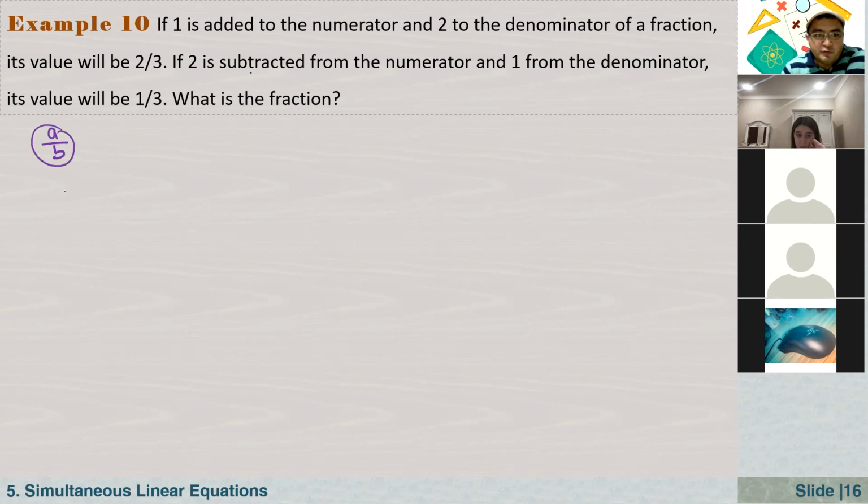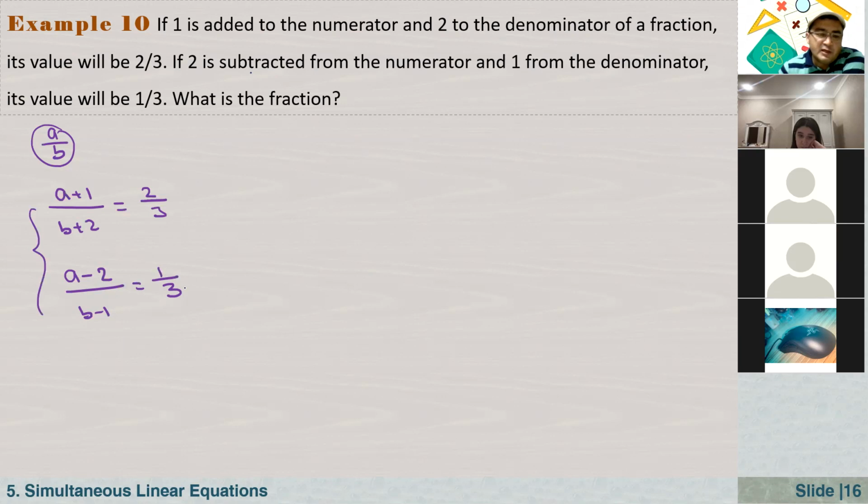If I add 1 to the numerator, a plus 1, and 2 to the denominator, b plus 2, the value of the fraction will be 2 over 3. If 2 is subtracted from the numerator, that is a minus 2, and 1 from the denominator, b minus 1, its value will be 1 over 3, right?